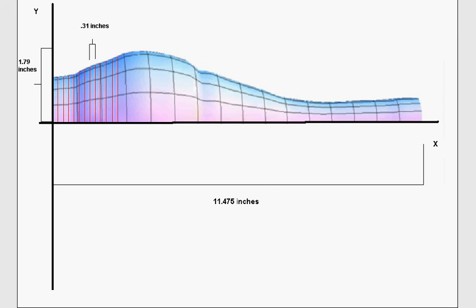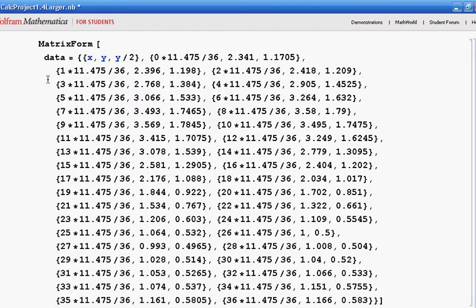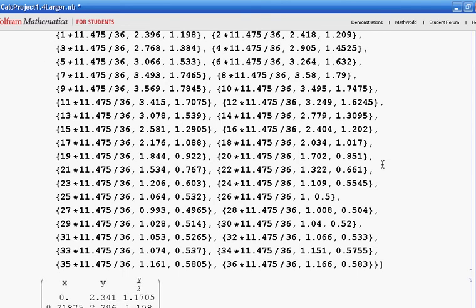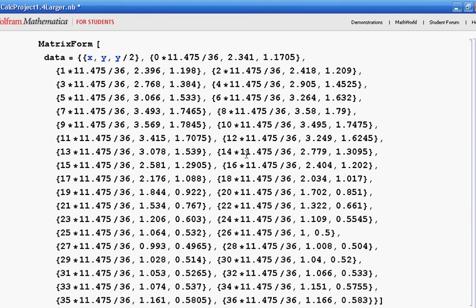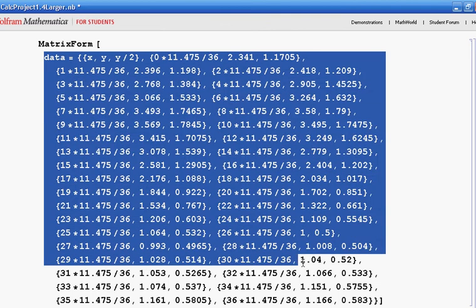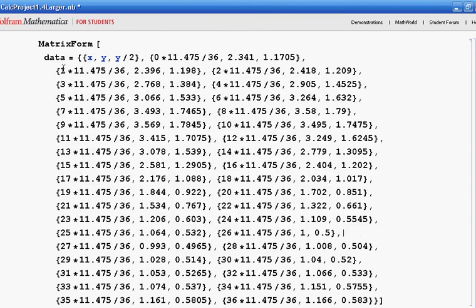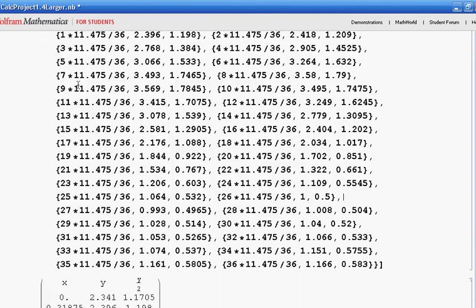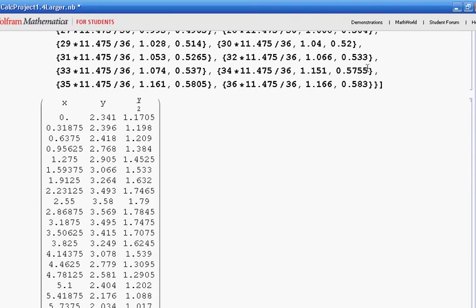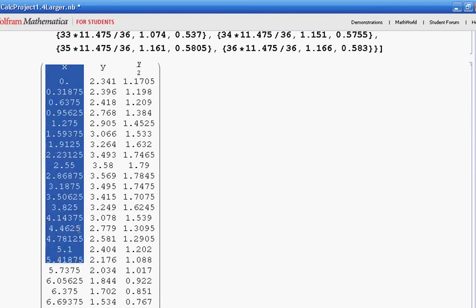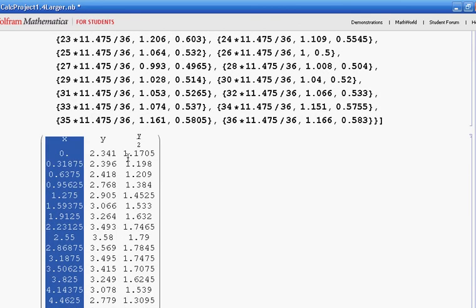But luckily for us, we have Mathematica, which makes our lives infinitely easier, as long as you understand what to do. This looks like a lot is going on, but all that's really happening is I'm listing my points. All of these just represent individual points along the way. This information is displayed in this matrix here.